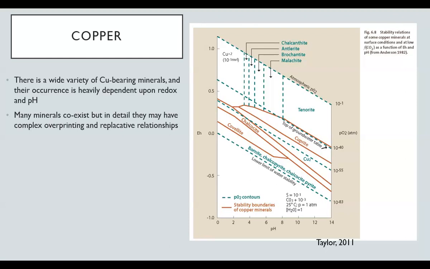If you go further, you get things like malachite. Whereas further into the ore body, you're more likely to get things like chalcopyrite as the main ore phase. They're further down here. So, at more reduced conditions, you get chalcopyrite.